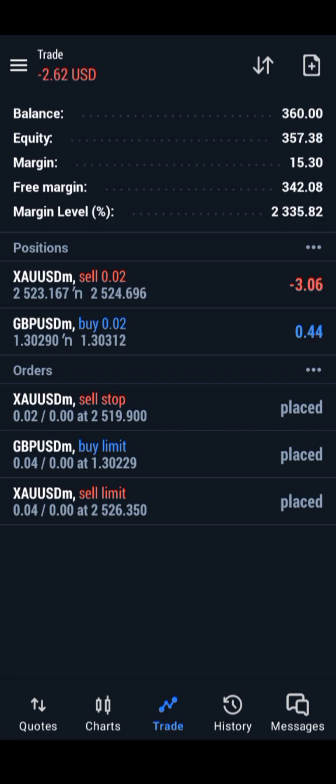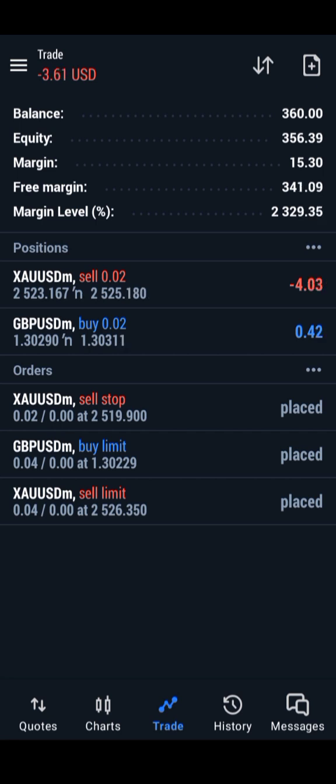So this is a simple way to explain these three major forms of trading orders we have. We have market execution, we have buy limit, we have buy stop, we have sell stop, and we have sell limit.